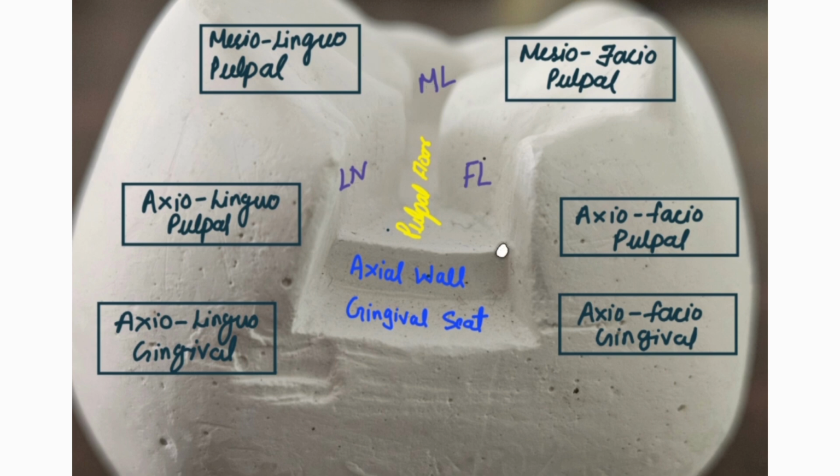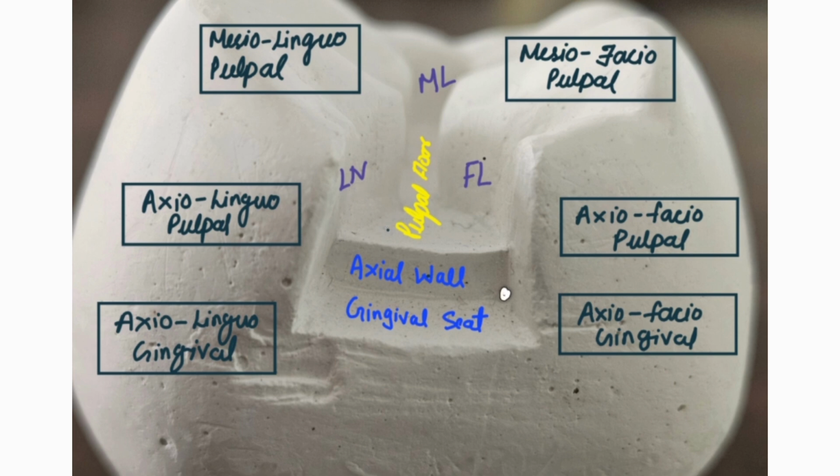Now, this particular point is formed by your axial wall, your facial wall and the pulpal floor. That is your third wall. So the name would be axio-facio-pulpal point angle. Similarly, on the opposite side, it would be linguo instead of facio. That would be your axio-linguo-pulpal point angle.